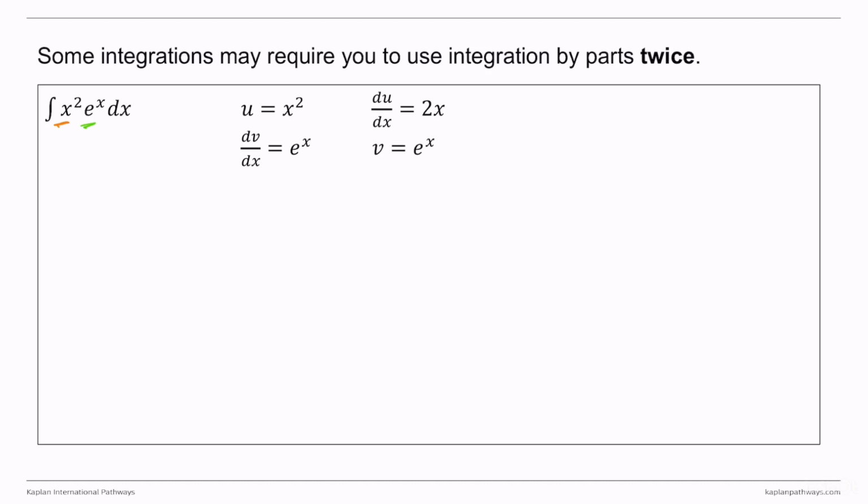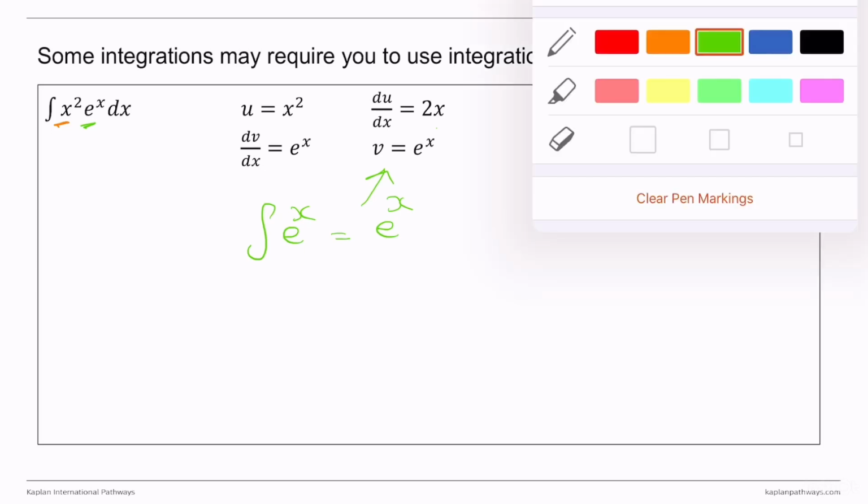What's the derivative of x squared, which is du? Yes, it's 2x. What's the integration of e to the power x? It equals e to the power x, same as it is. So that's how we got v from integration.